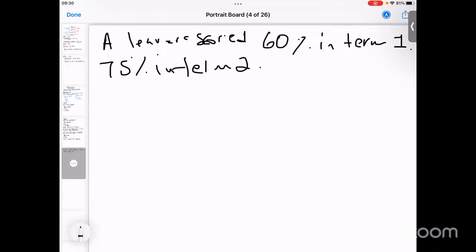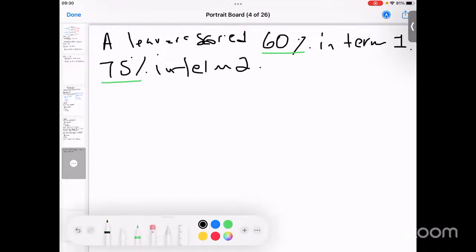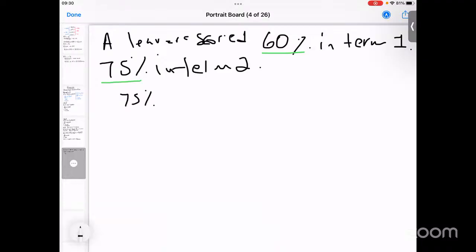When you are given two percentages and you have to calculate the percentage increase, you take those two percentages and say, okay, from 60% to 75%, there is an increase of 15%. So it's like you're saying 75% minus 60%, it gives you 15%.